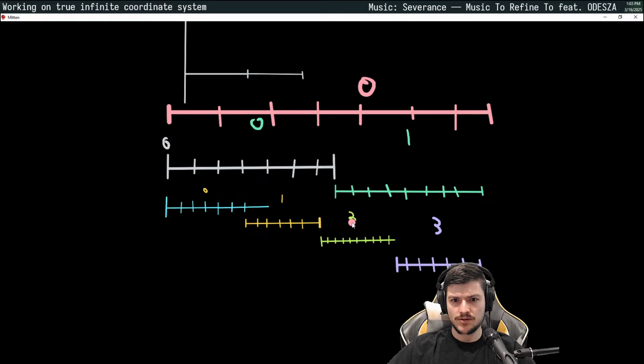A skip of 2 is a skip of 1. Skip of 3 is also a skip of 1. But a skip of 3 here is a skip of 0 up here. 0, 1, 2, 3. They're all within the skip of 0. You just write like this: 0, 1, 2.